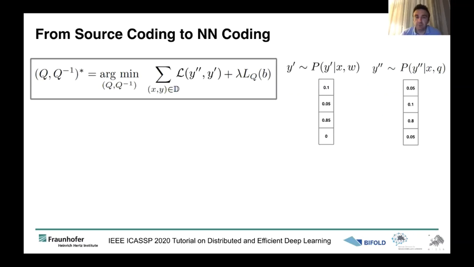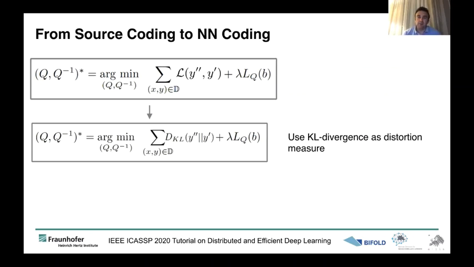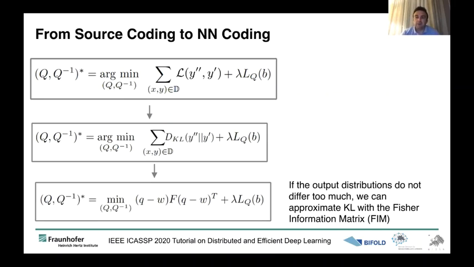And we want to minimize this term, and one way to explicitly write it down is to measure it. So use Kullback-Leibler divergence as a distortion measure. And with that, if the output distributions do not differ too much, we can approximate Kullback-Leibler with the Fisher information matrix, also well known in the literature.